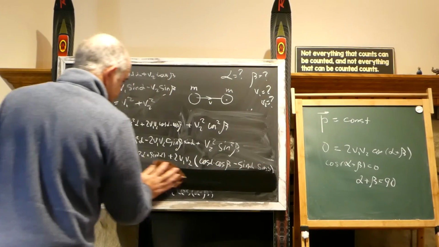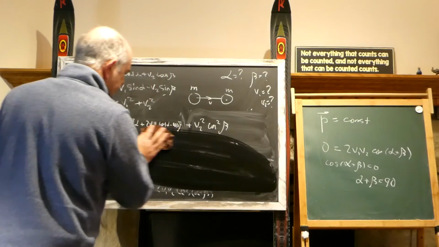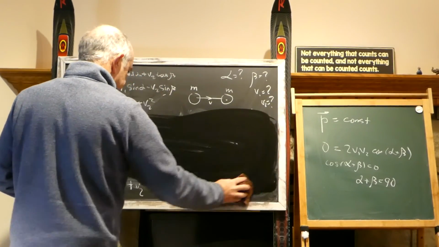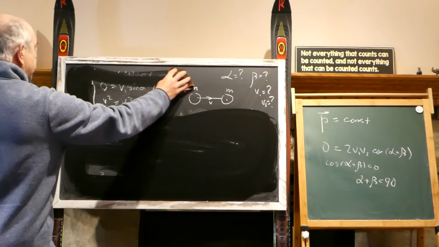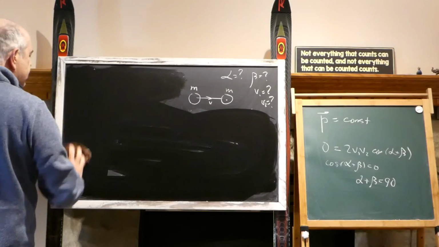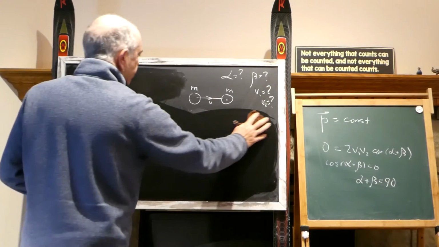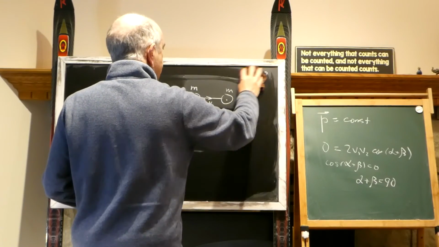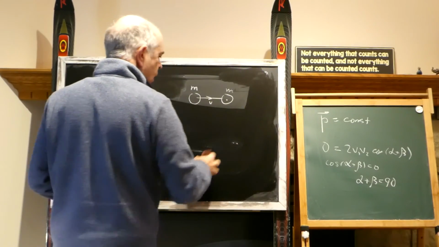So, this was rather complex, and in the next installation of this problem I will solve it a little bit more elegantly, a little bit faster, using vectors themselves, not using projections at all, but using just vectors.